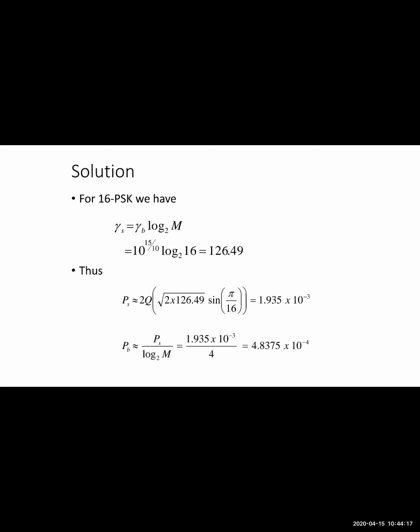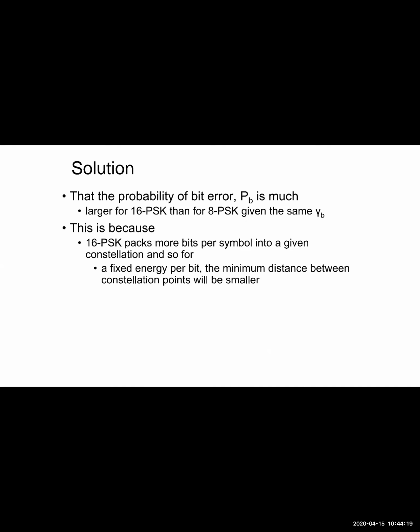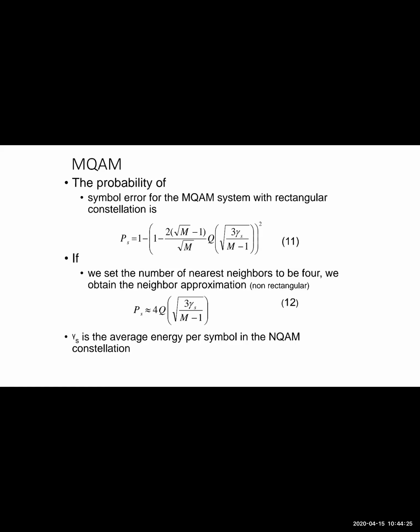There we go. So that is PSK for you. Then the MQAM. Again, we have equation 11 to deal with. All these things were derived, and then we have PS.